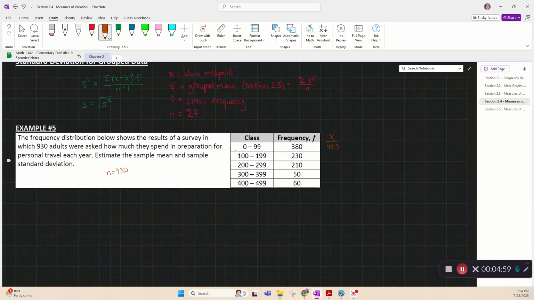And if I go from 0 to 100, 100 to 200, it looks like they're counting by hundreds. So that'll make the rest of these midpoints a bit easier. 149.5, 249.5, 349.5, 449.5.